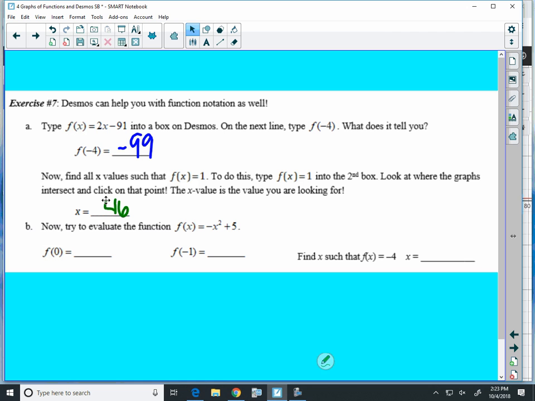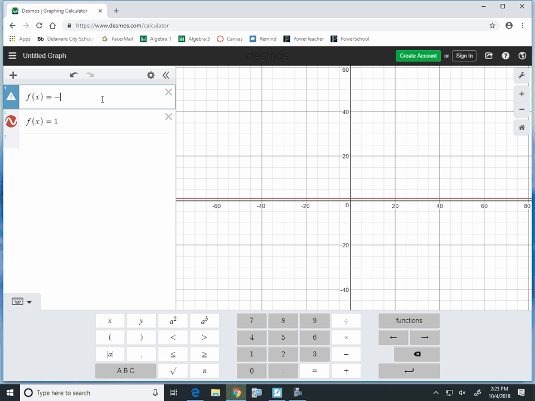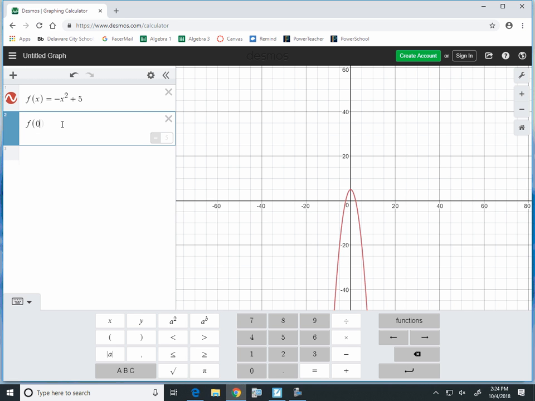Okay, let's go ahead and do that last one. So go ahead and go into Desmos, change your function to negative x squared plus 5, and we're trying to find f of 0, so go ahead and plug that in, and it should give you the answer.